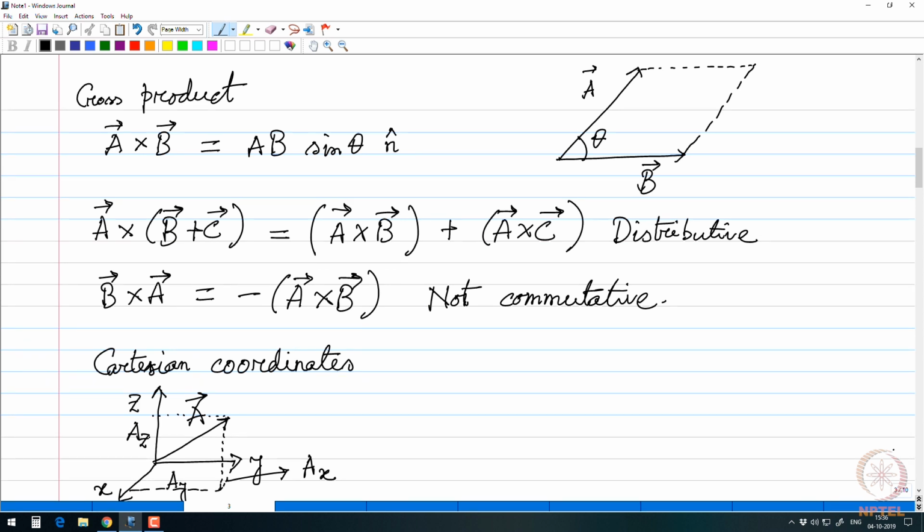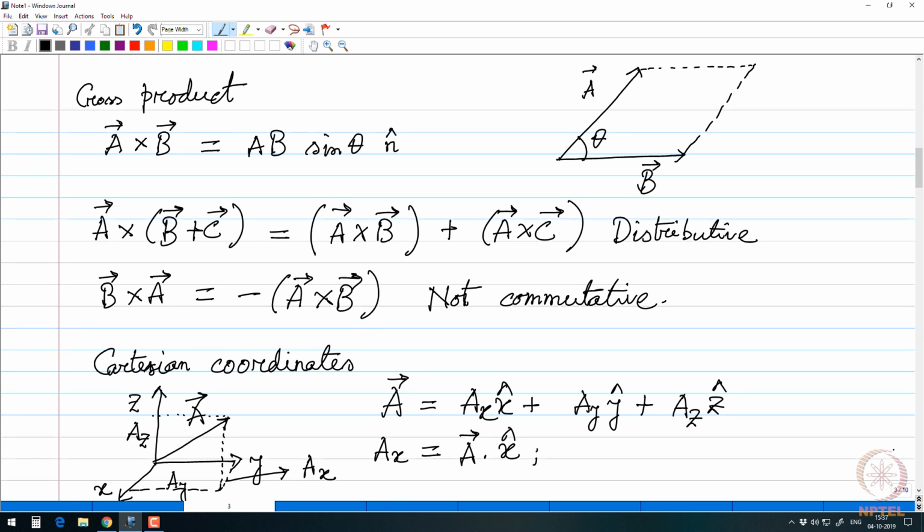So, this is Az, and if we have unit vectors along x, y, z given as x cap, y cap and z cap, then this vector A can be represented as Ax x cap plus Ay y cap plus Az z cap, where mathematically Ax can be written as A dot x cap.